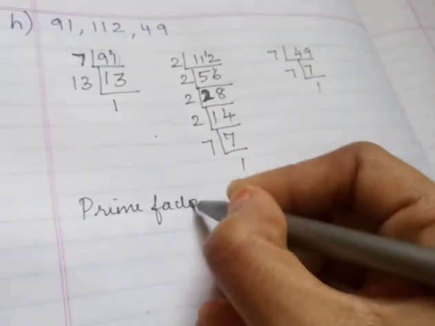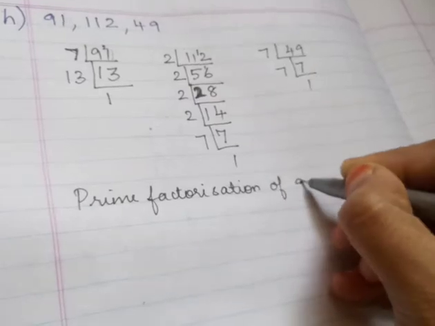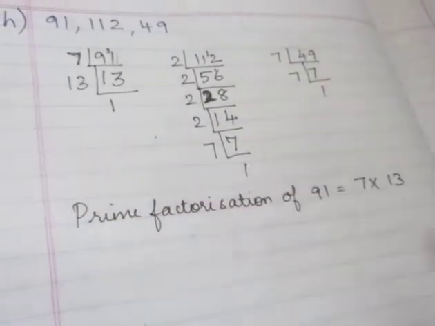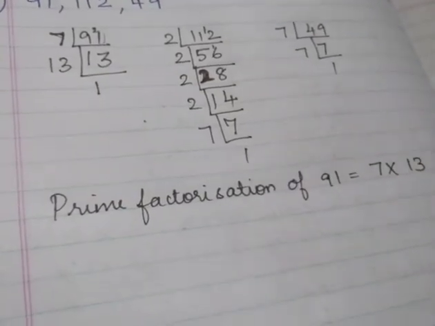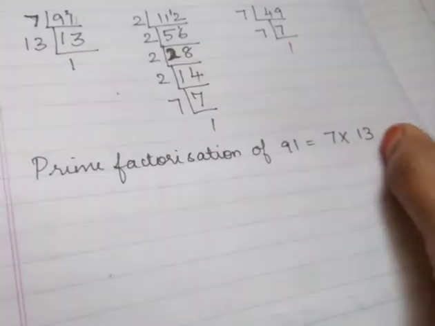Prime factorization of 91 is equal to 7 into 13. You don't want to write this 1. Why? It is not a prime number. In prime factorization, you don't use the number 1.